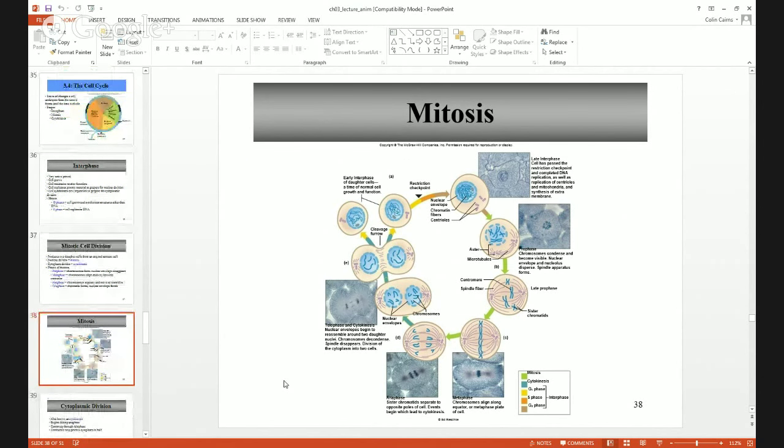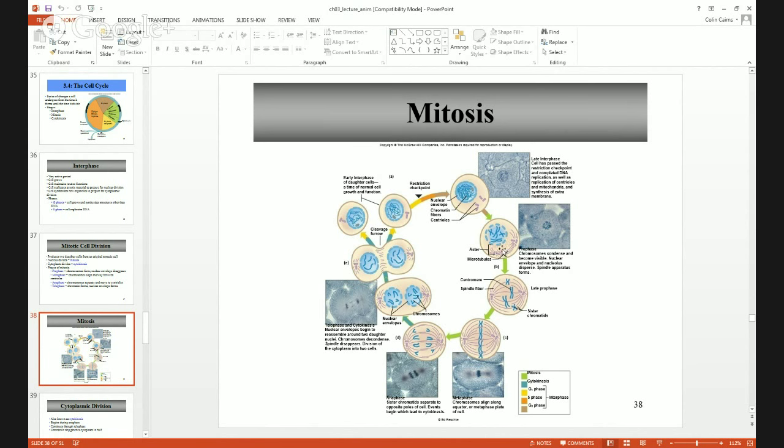And this slide shows the nuclear envelope, the chromatin fibers, and the centrioles. During the late interphase, the cell has passed the restriction checkpoint and completed DNA replication. And now, as it enters prophase, the chromosomes condense and become visible.